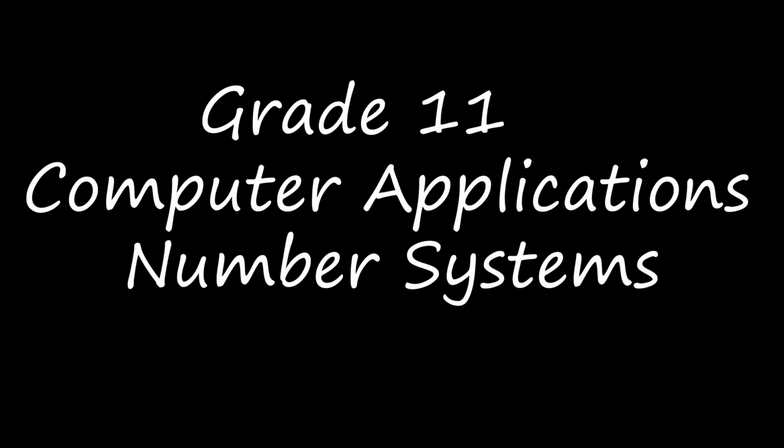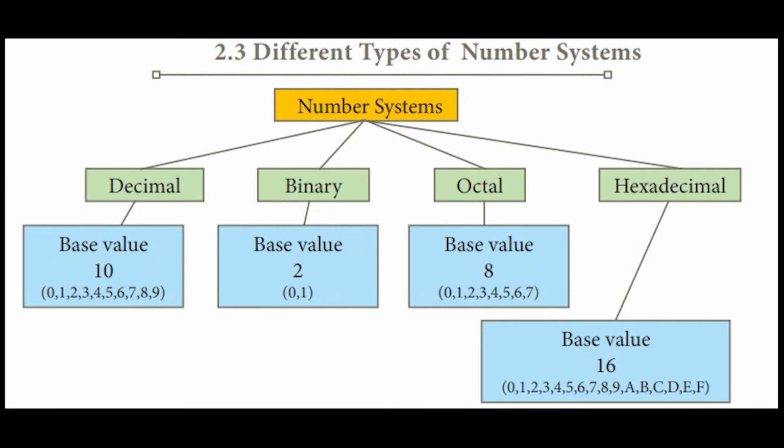Decimal number system is the number system which is used commonly in our maths and all. We have learned 0, 1, 2, 3, 4, 5, 6, 7, 8, 9, right? That is the decimal number system, the most commonly used one. And the other number systems are binary, octal, and hexadecimal number system, right?